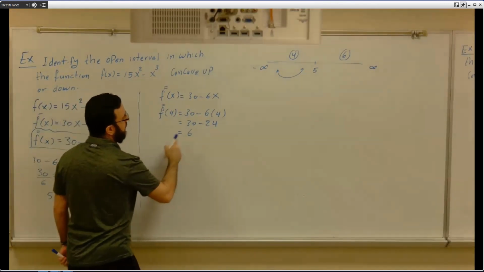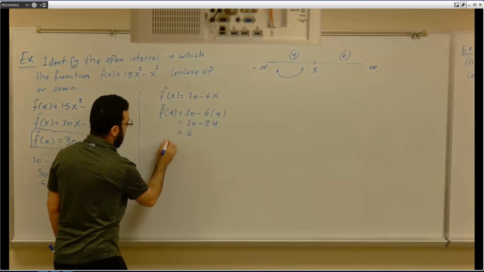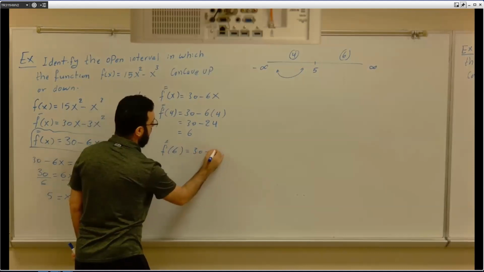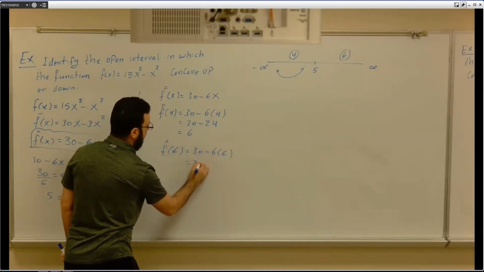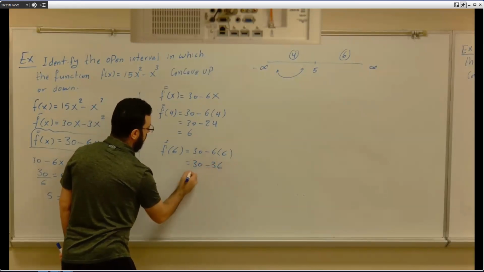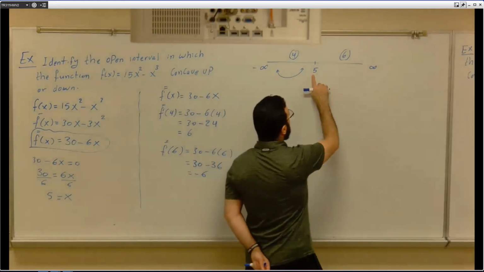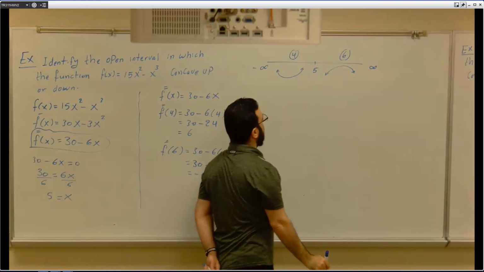Now let's check the 6. So f double prime of 6 is going to be 30 minus 6 times 6, which is 30 minus 36, which equals negative 6. It's a negative number. That means from 5 to infinity, the function is concave down.